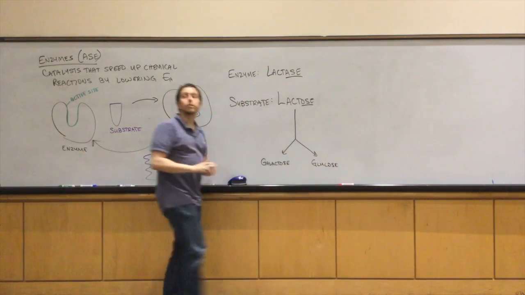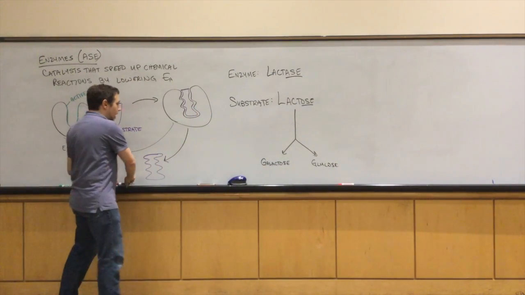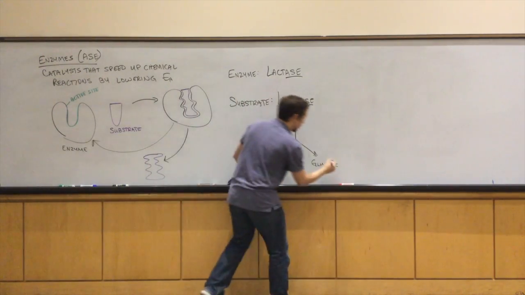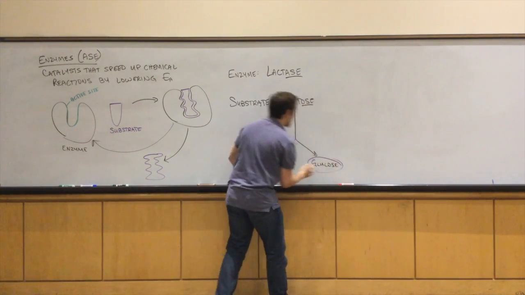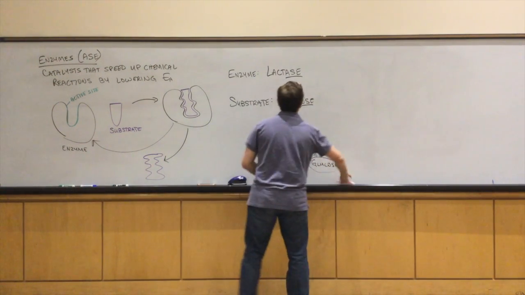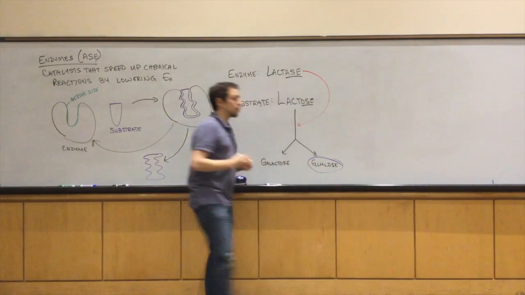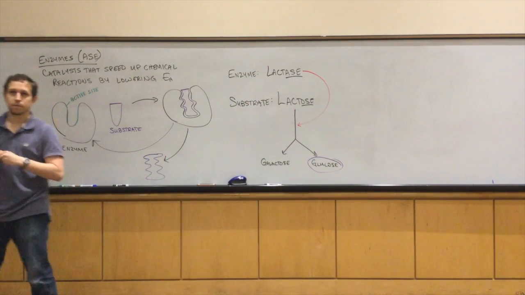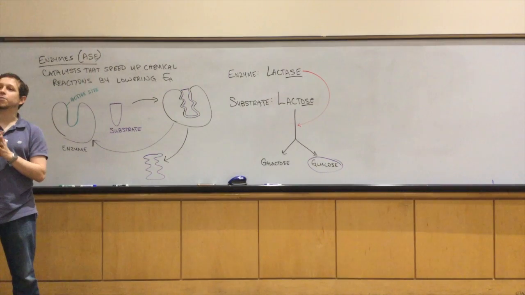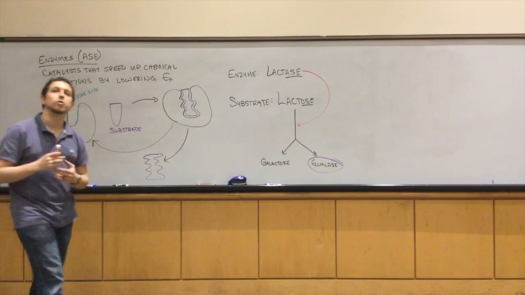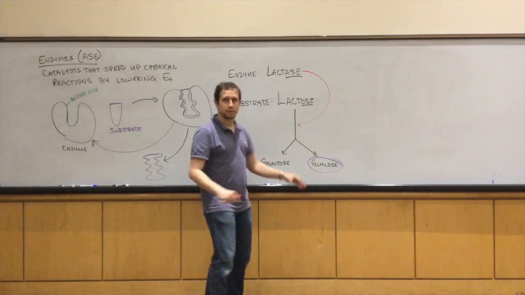So what you all wound up doing was using glucose as a way of measuring the effect that lactase had on this reaction. Now, in case you're still scratching your head from this exercise and wondering how we could do that, let me pitch this to you.